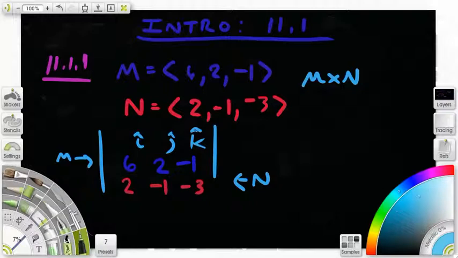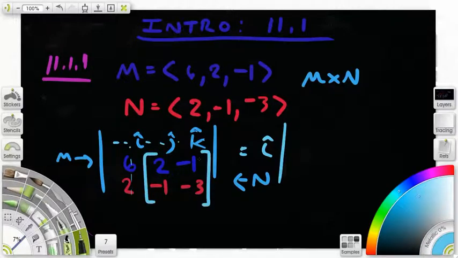So now what we need to do is the cofactor expansion to find this determinant. Basically what we do is we blot out this row, this column, and expand it into i times the determinant of the submatrix.